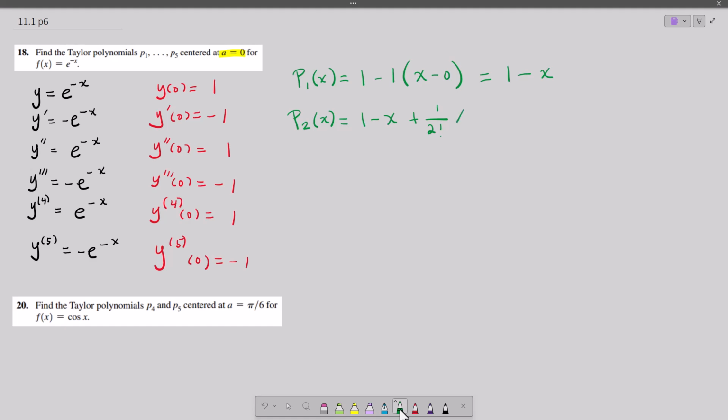And then it's going to be x raised to what power? Second power, exactly. So there's P sub 2. That's the best quadratic approximation. That is the second order Taylor polynomial.